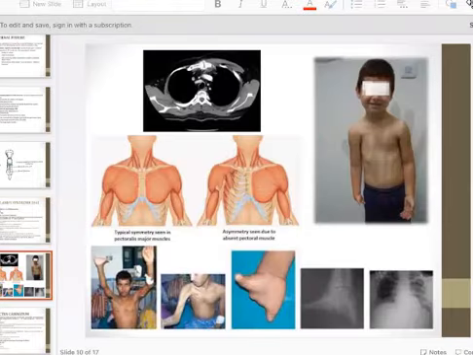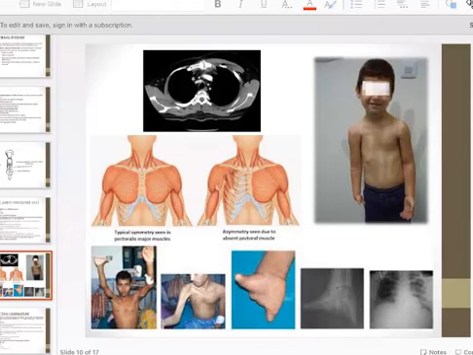This is how it will appear. In the patient, normally we have pectoralis major, minor, latissimus dorsi, serratus anterior, and rectus abdominis. We have subcutaneous tissue, and we have hypoplasia of the ribs and costal cartilage.